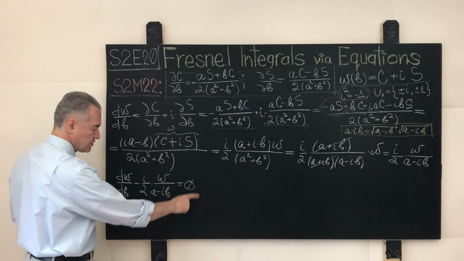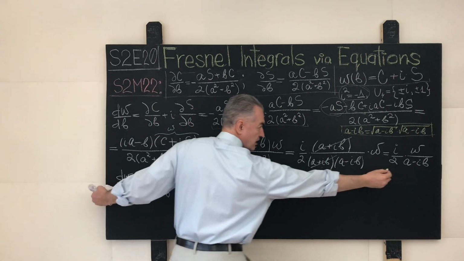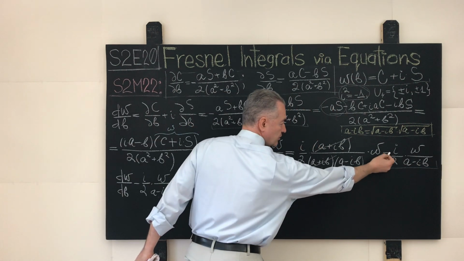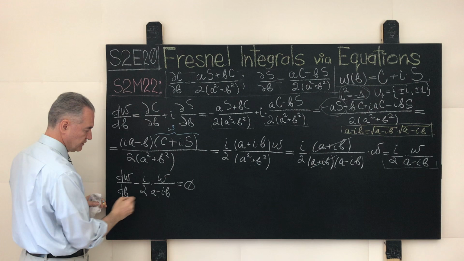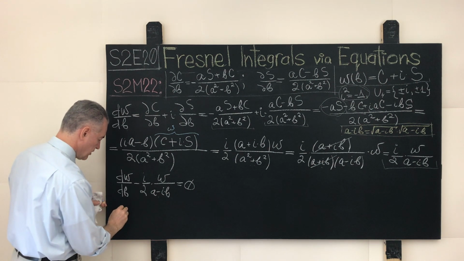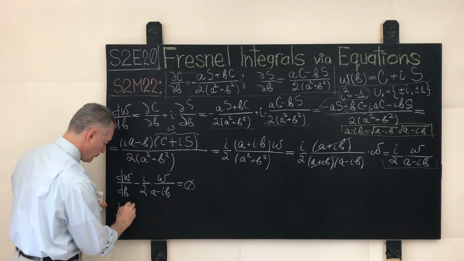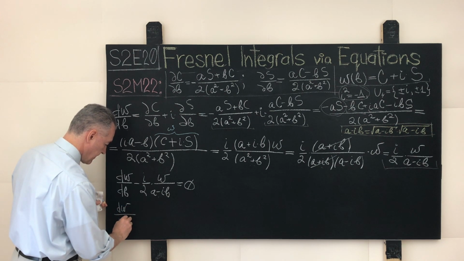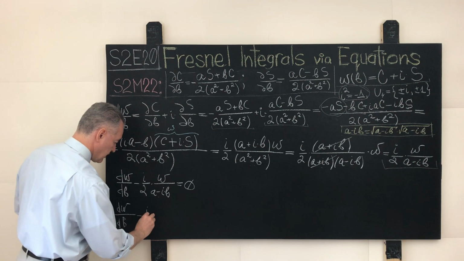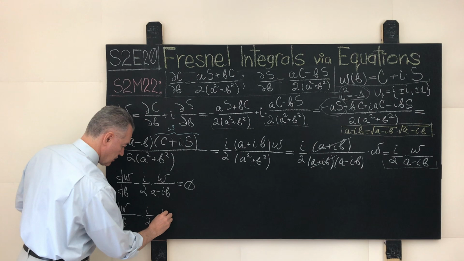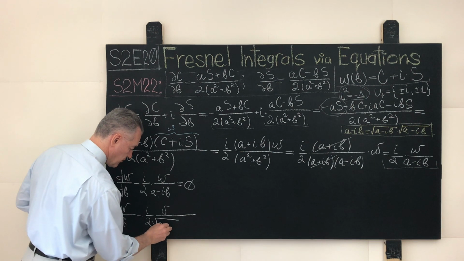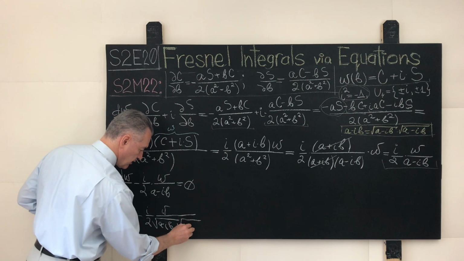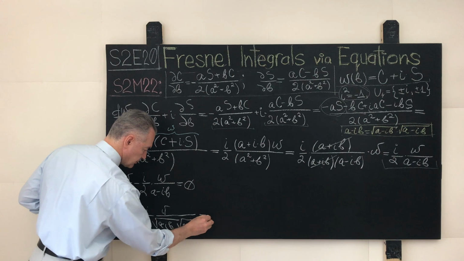That means that this equation over here, which we obtained simply by carrying this, the left-hand side of this expression, on the left-hand side of the equal sign, which we started over here, can be rewritten which way? dw over db minus i over 2 times w over the square root of a minus i times b, square root of a minus ib, equals 0.